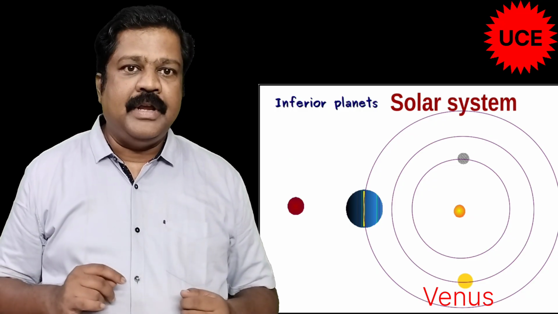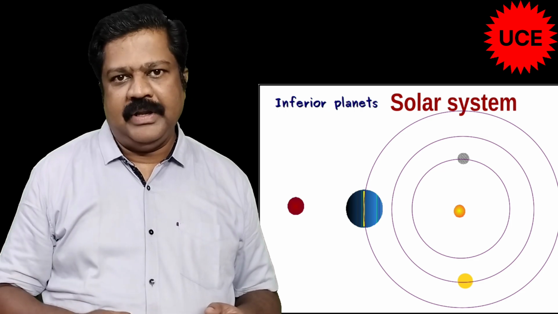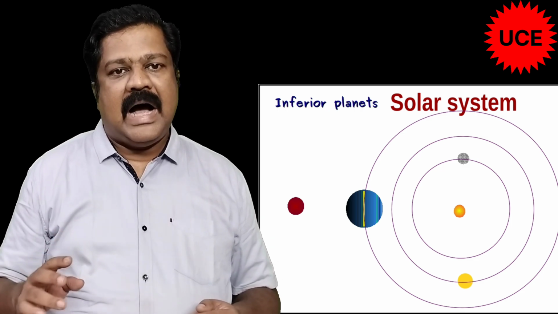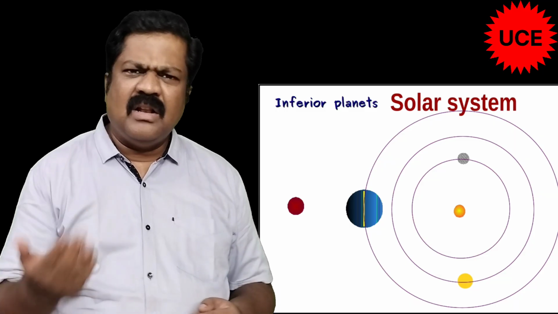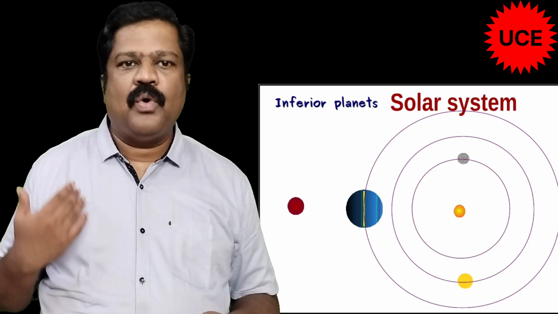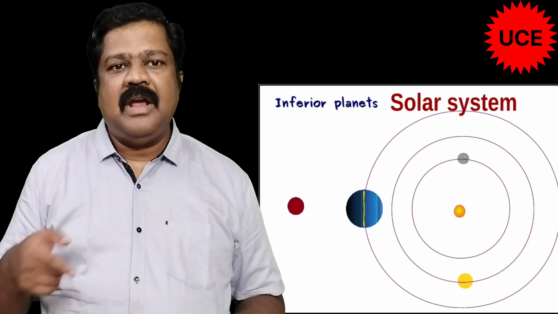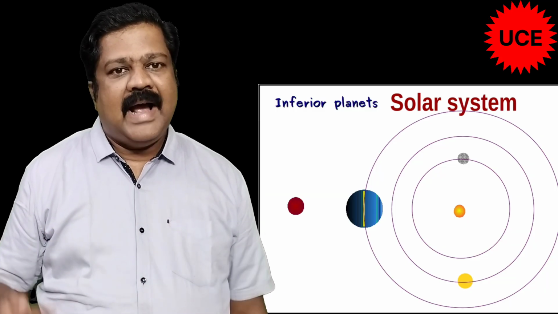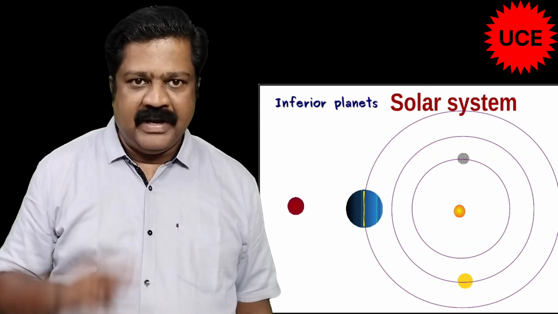If you check carefully, you'll find that Venus and Mercury are both visible only at dawn. Dawn means early morning, sometime before the sun rises. So Mercury and Venus can be visible only in the early morning or in the evening.